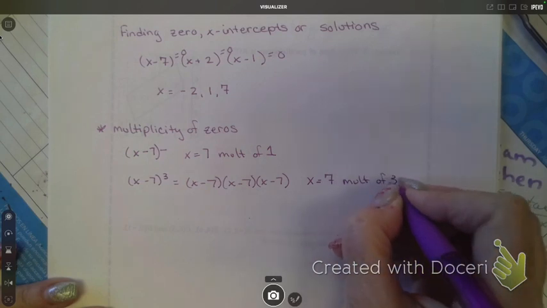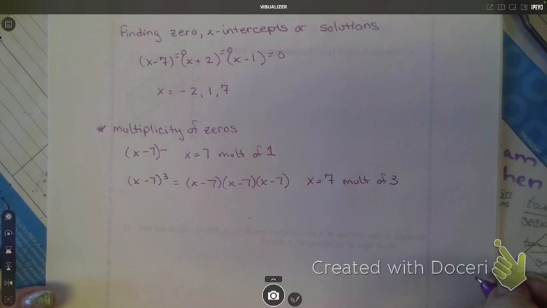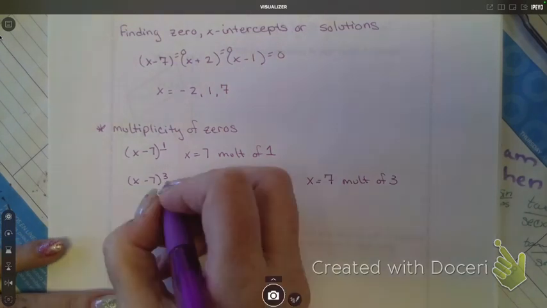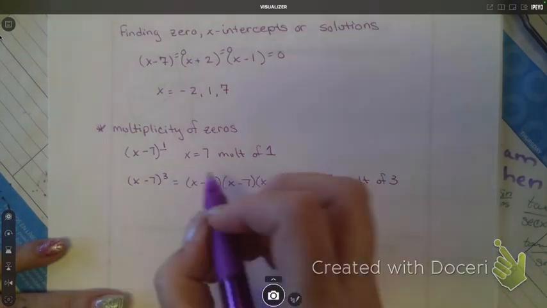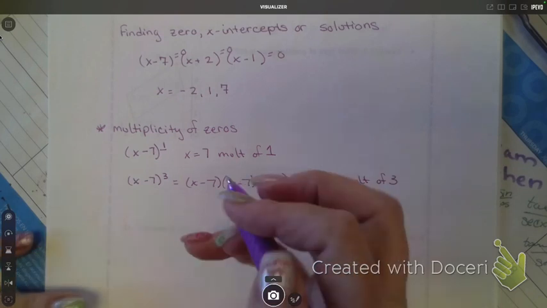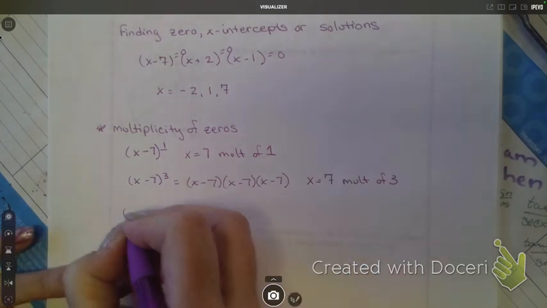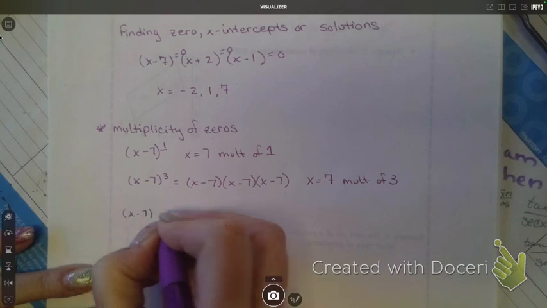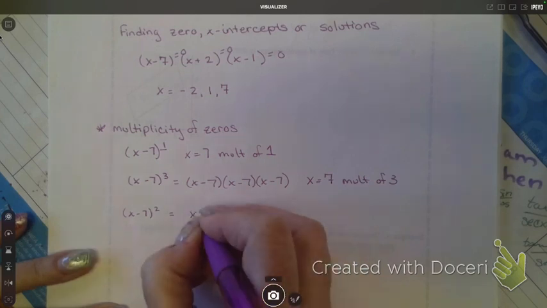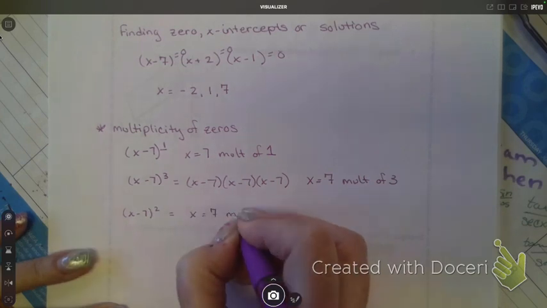We talked about multiplicity before? No. Okay. So 1 is an odd number, yes? And 3 is an odd number. So at the graph, it's like an open door. It's open. But what if I had x minus 7 to the second? That would be x equals 7 with a multiplicity of what? 2.